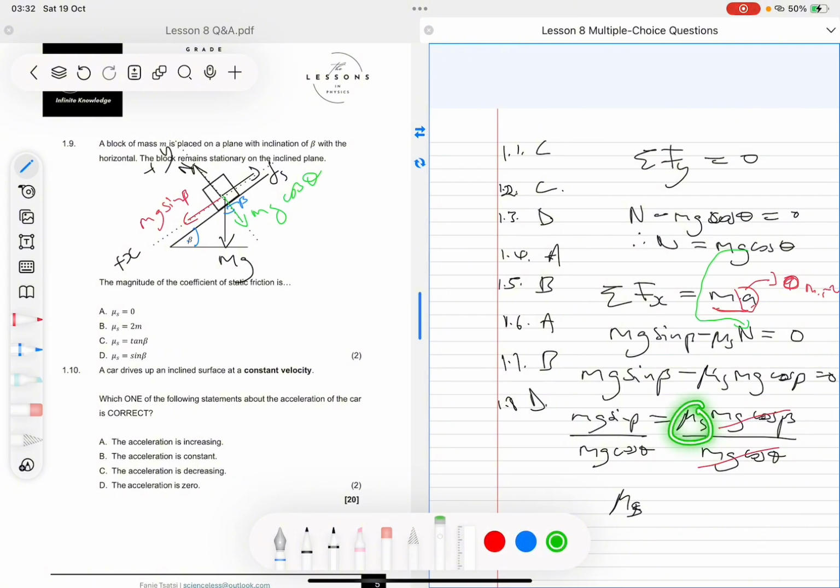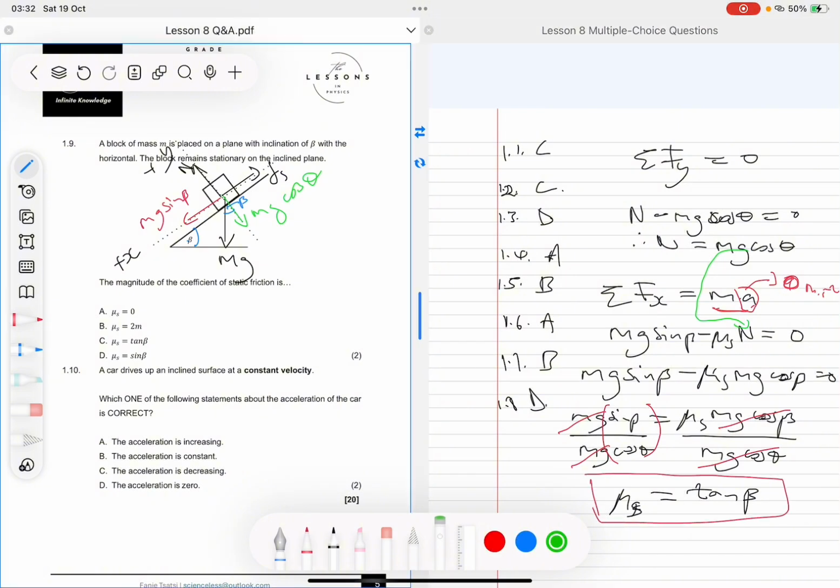I'm left with this guy, then is equals to, now when we look at this side here, look what happens here. The mg and mg cancels, then I'm left with these two guys, sine beta over cos beta, which is the tan of beta. Now this should be my option on the options provided, and if you look at that, you would see that C actually fits really well on that.